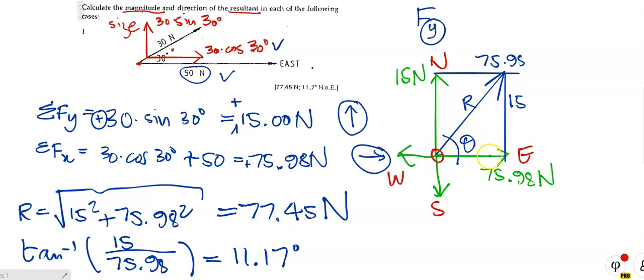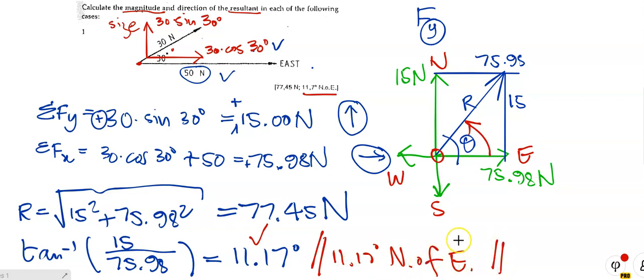So I can either say my direction is 11.17 degrees. If you stop there, that will be fine. Or I can say it is 11.17 degrees north of east, which is exactly how this author has called it up there. And that's how we got that. So I can say it's 11.17 degrees north of east.